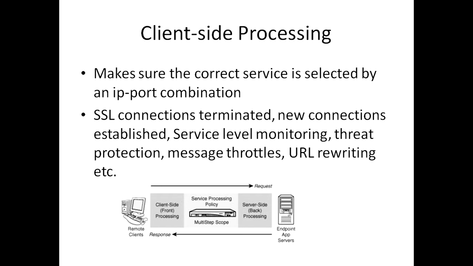Make sure the service is selected with the corresponding IP and port combination in the front side handler. The front side handler should be available and the firewall should be open to the remote clients who are trying to invoke the DataPower services.